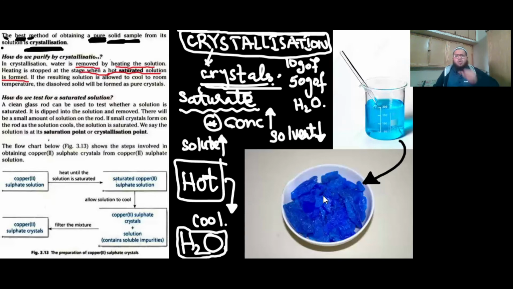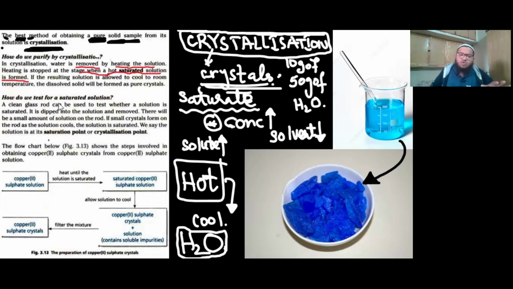If you heat these crystals, the water of crystallization evaporates out, and you're left with only powder. So this proves that water of crystallization is needed for crystallization. Anyways, this was the detailed concept of crystallization.